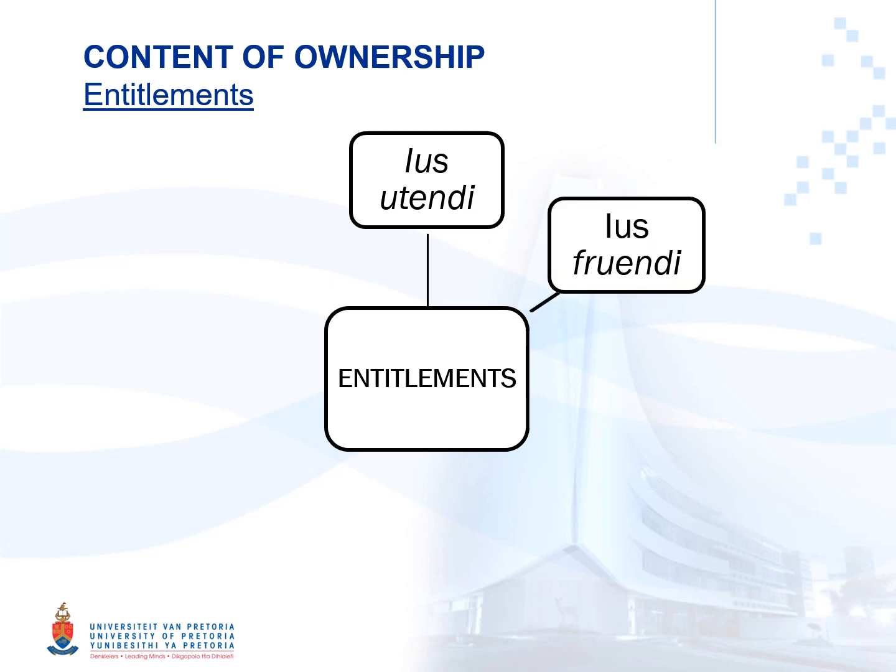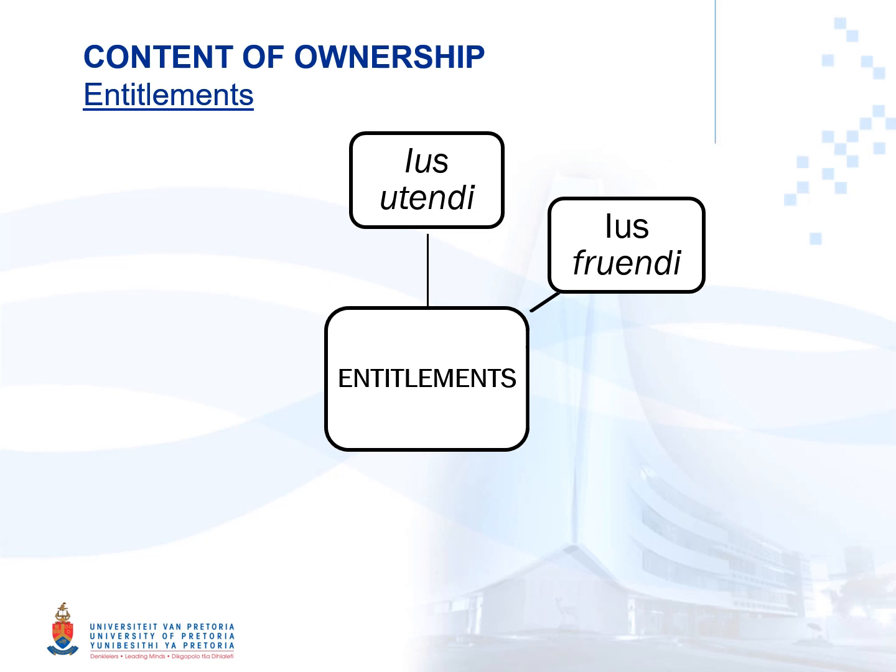The ius fruendi refers to the entitlement to enjoy the fruits of the thing. It is said that if you have the ius utendi, you automatically have the ius fruendi.